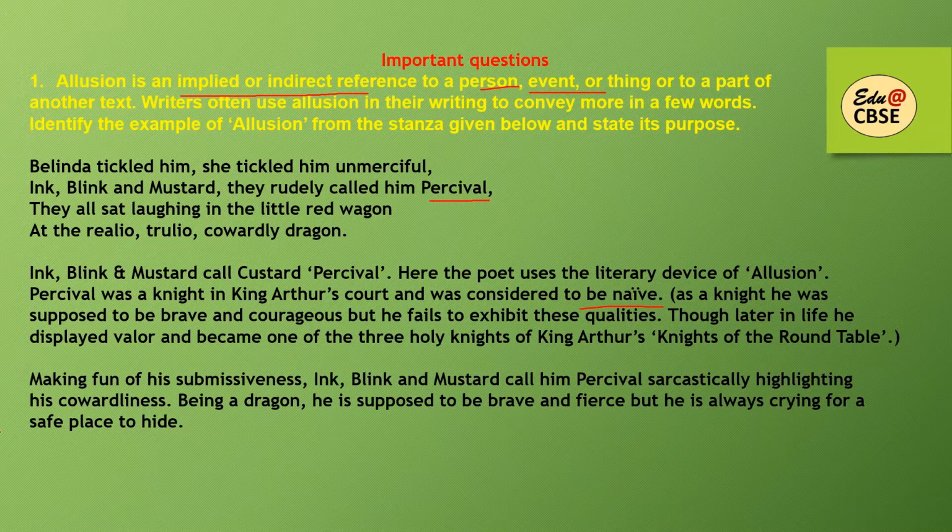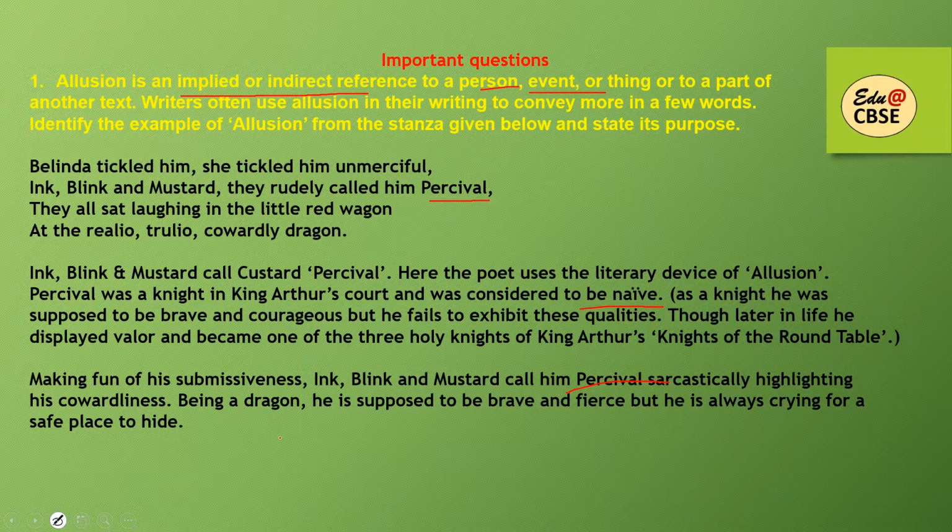Now, making fun of his submissiveness, Ink, Blink and Mustard, they call him Percival sarcastically, highlighting his cowardliness. So इस वजह से वो Custard को Percival कहते हैं. Being a dragon, he is supposed to be brave and fierce, but he is always crying for a safe place to hide.